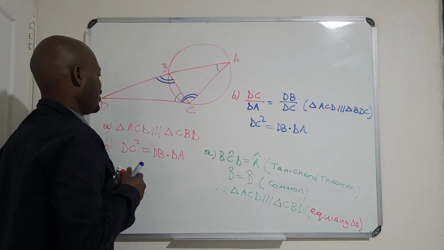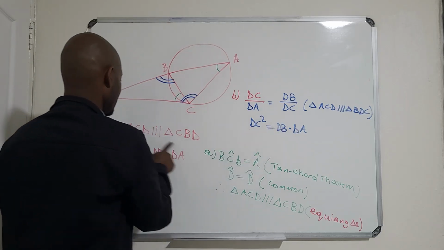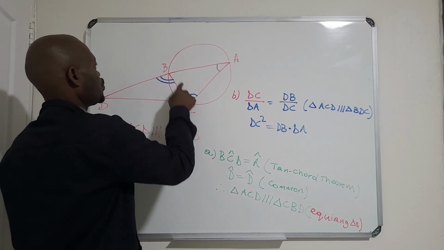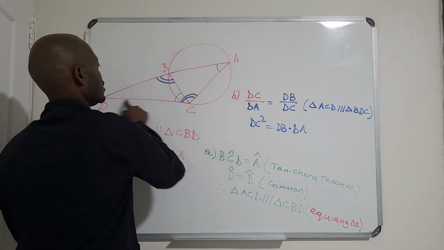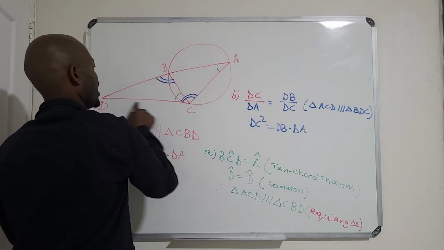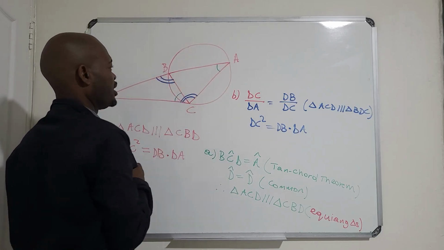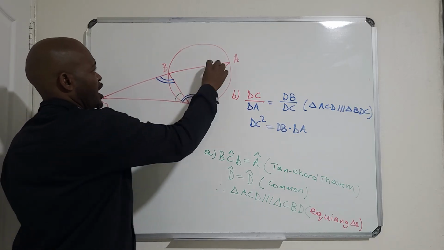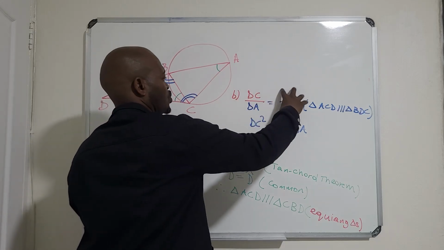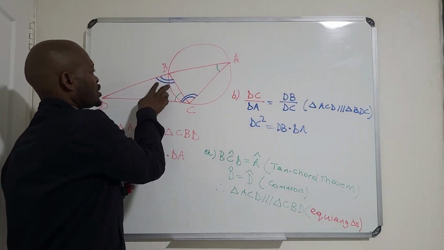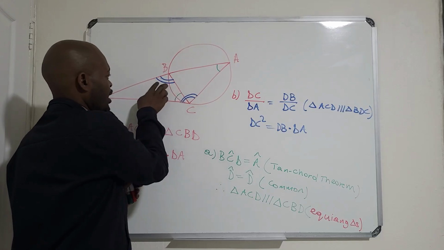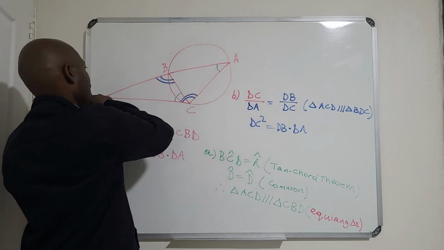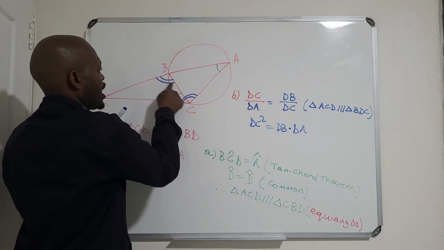So it means that for us to prove this, we need to first show that these two triangles are similar. Then you highlight the angles like I've highlighted so that you can set up your ratio, because the side opposite this angle is opposite that, and these two angles are equal.